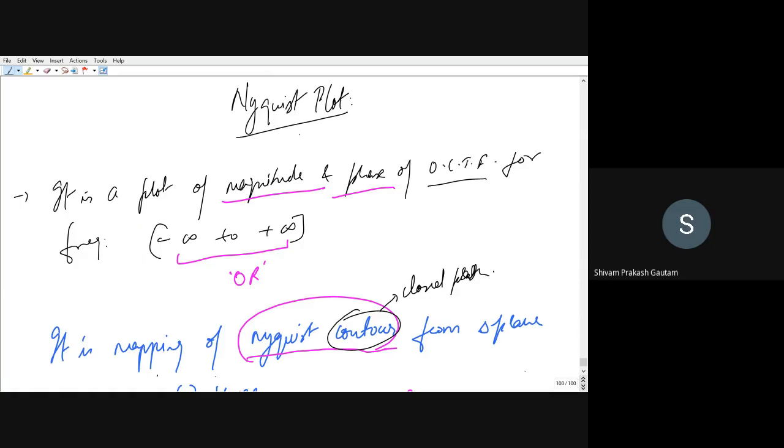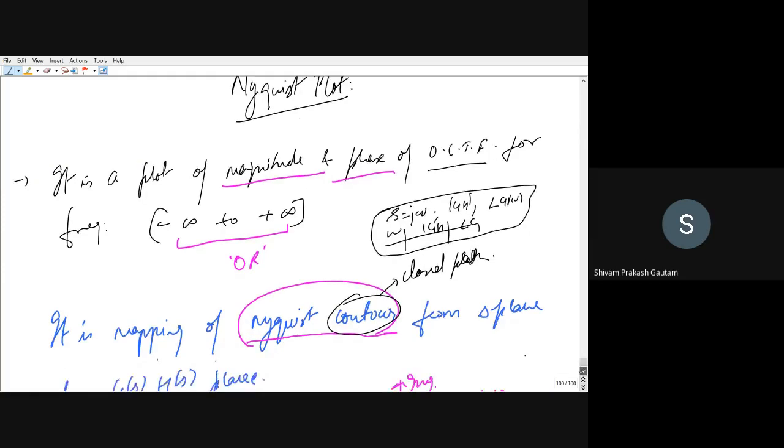The steps will remain same. Put s equal to j omega, calculate its magnitude, calculate its phase, and then draw the table like we have done for polar plot, and vary this value of omega. So we will see in a very point-wise manner how to draw the Nyquist plot for given open loop transfer function.